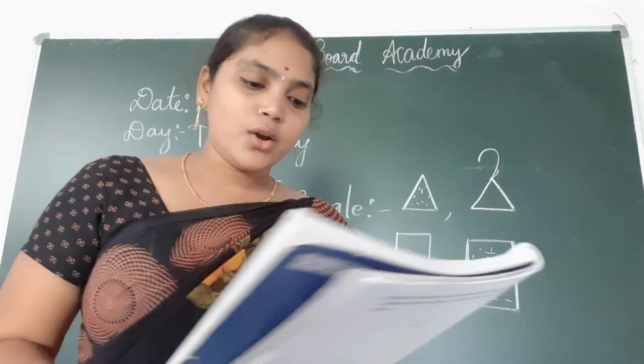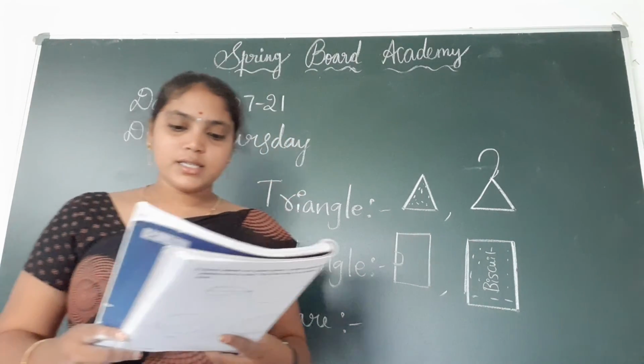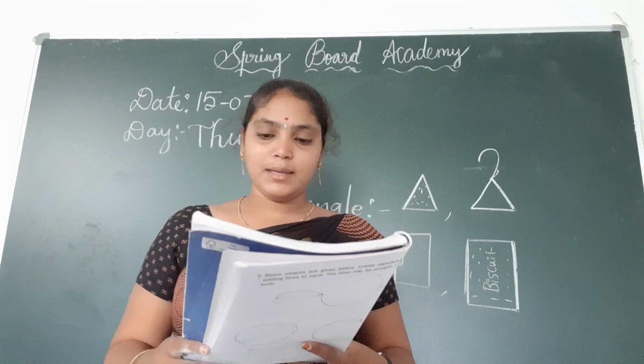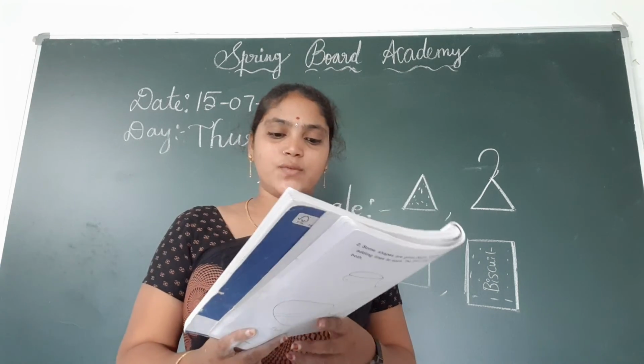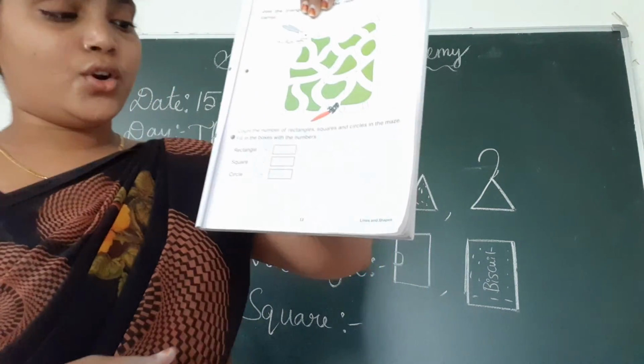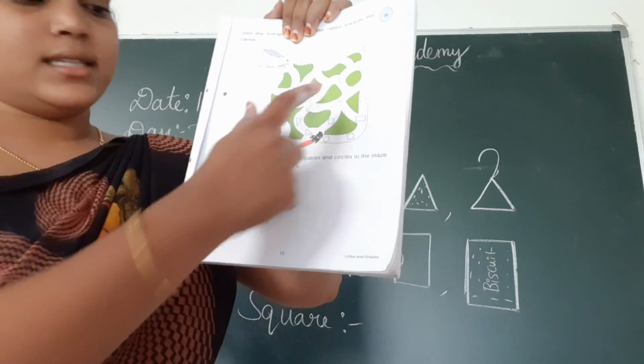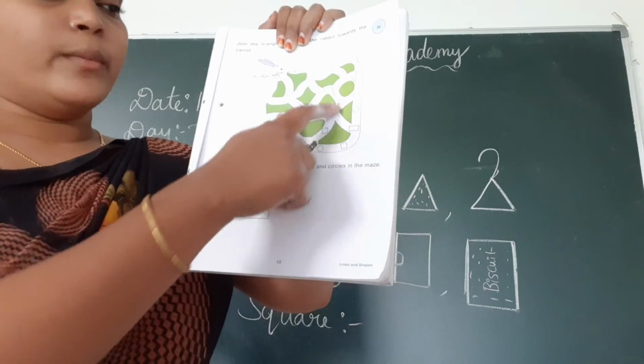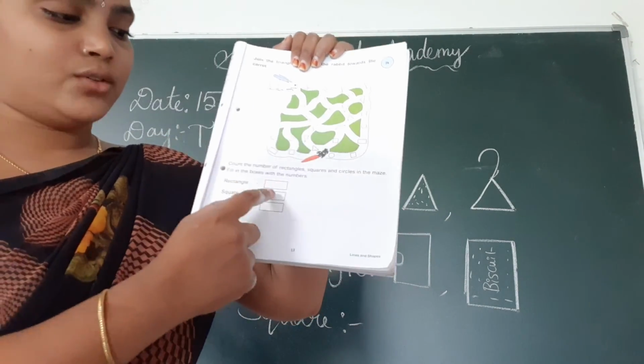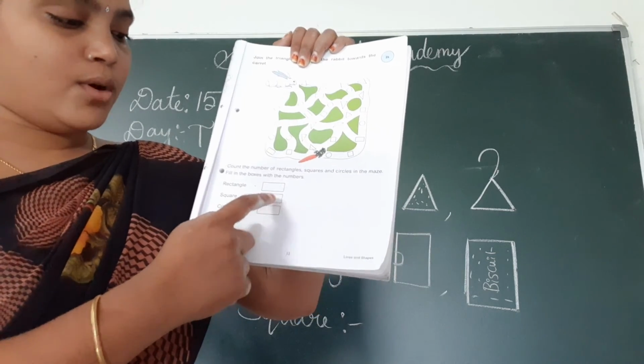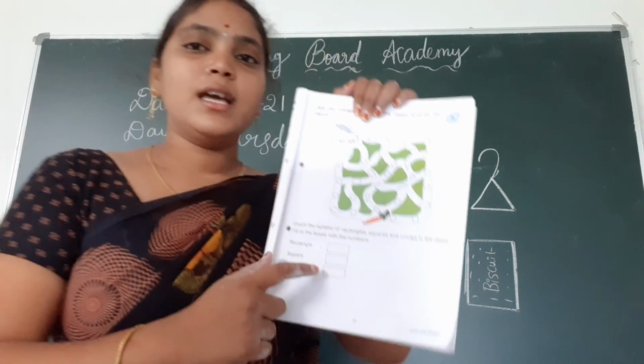And then count the number of rectangles, squares and circles in the maze. Fill in the boxes with the numbers. Count the number of rectangles and write the number. How many squares inside this maze, write the number in this box. And count the circles and write.